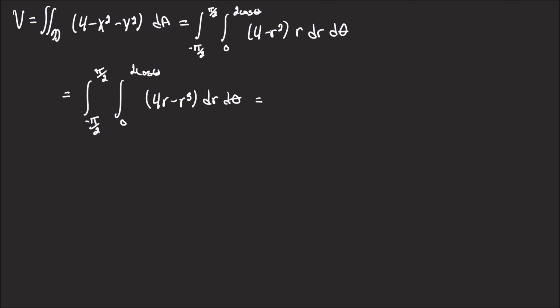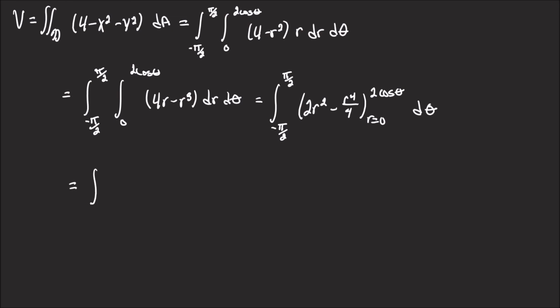So this will give us the integral from minus pi over 2 to pi over 2 of 2 squared minus r to the 4th over 4 evaluated from r equals 0 to 2 cosine of theta d theta.